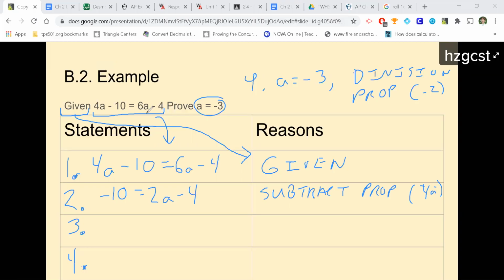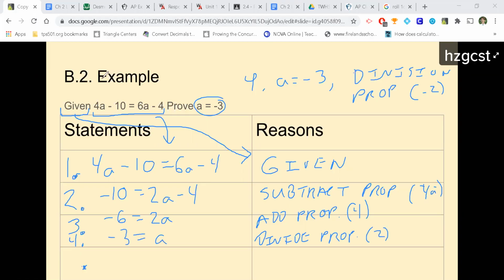All right, and then what would you do? You would add 4. And then we would divide by 2. And then here's what we would do. We would write this because of the blank property.